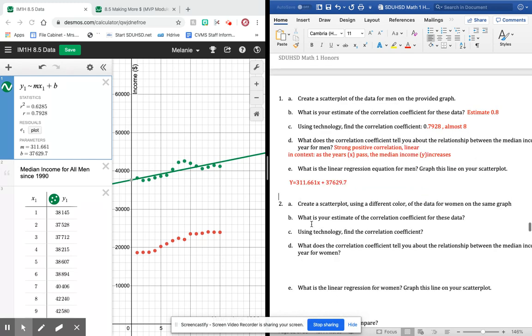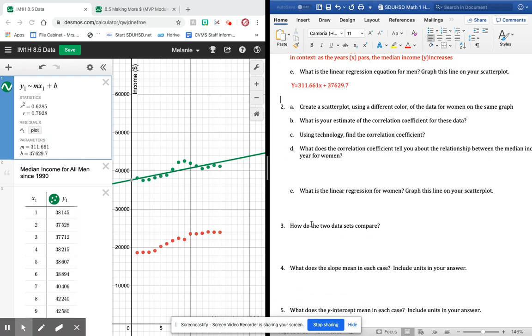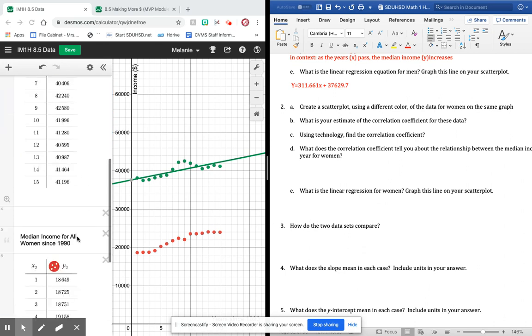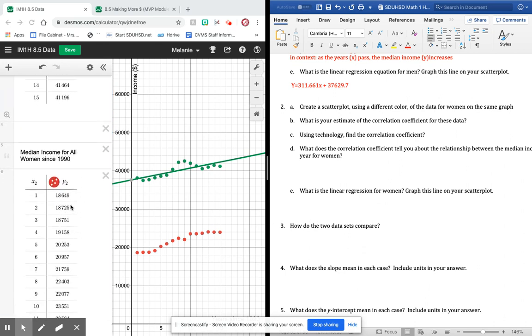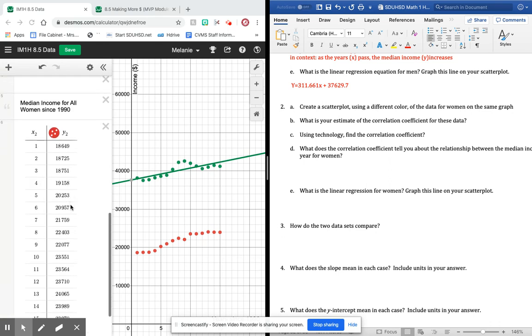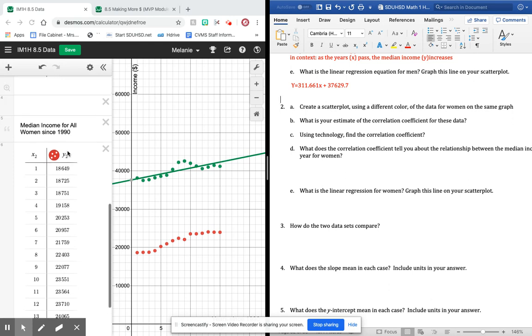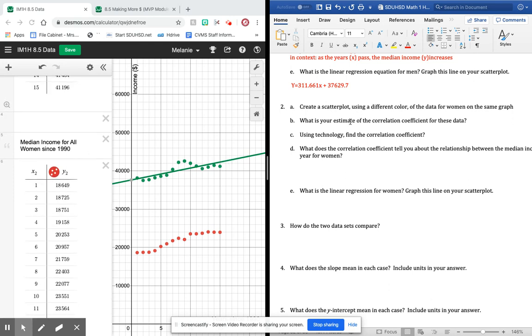So the next thing is to create a scatter plot using a different color of the data for women on the same graph. So here I went and put that information from the table into Desmos, and it made a scatter plot for me for the women. And it says, what is your estimate of the correlation coefficient for these data?